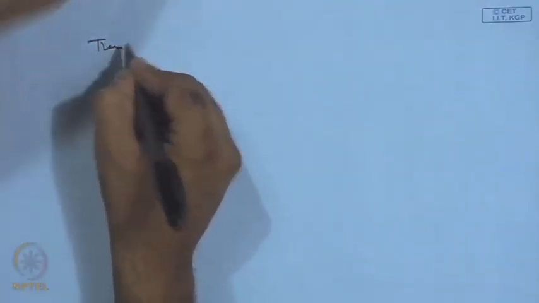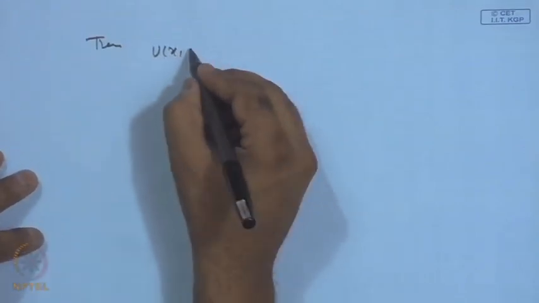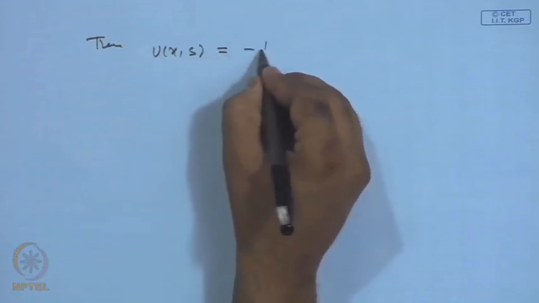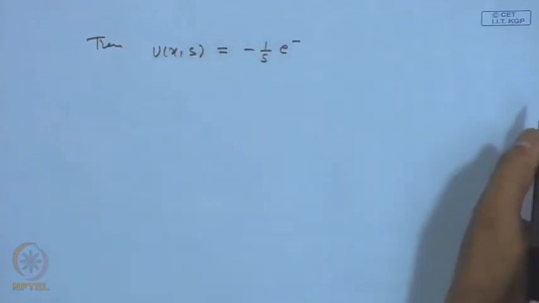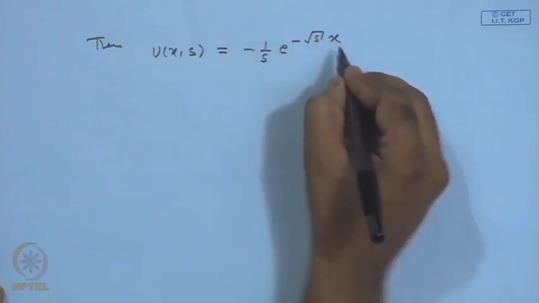So, the solution is then u(x,s) equals minus 1 over s e^(minus square root s x) plus 1 over s.